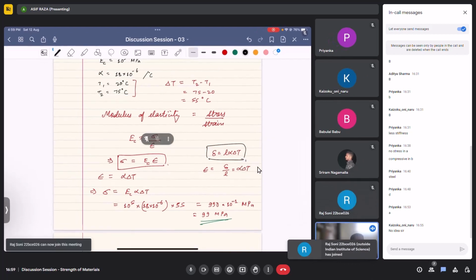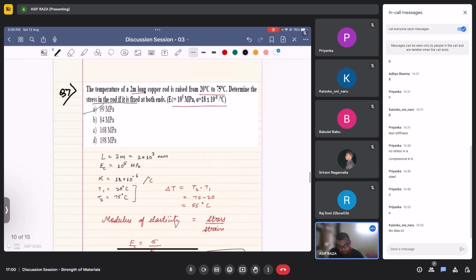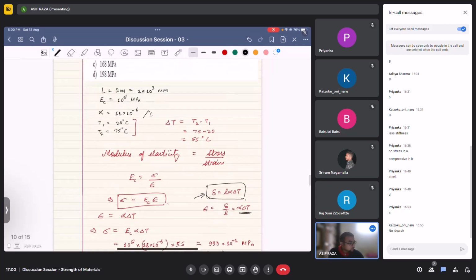For thermal expansion, the elongation is L alpha delta T. So L alpha delta T upon L would be the strain present in the system, that is alpha delta T. You just substitute everything and you'll get it. 99 megapascal is the answer for this question. I hope it's clear.